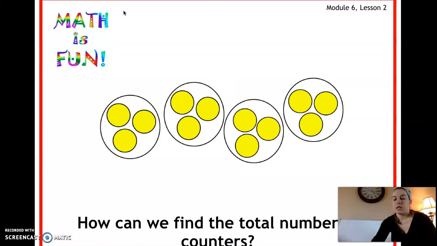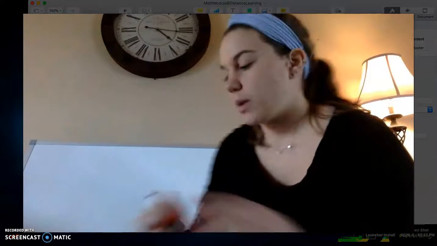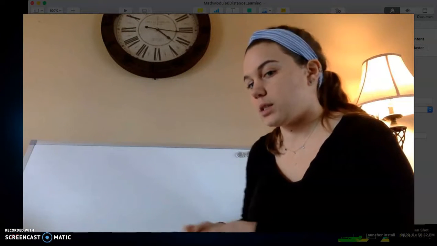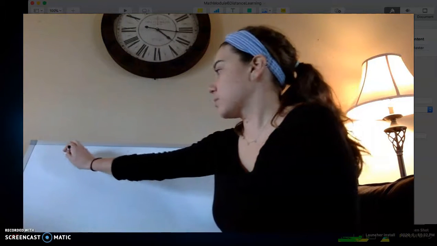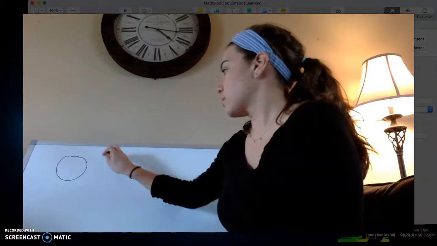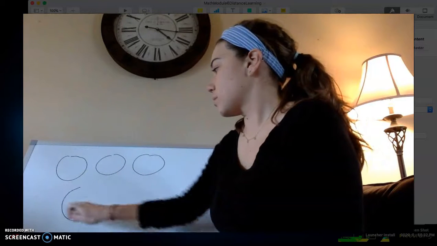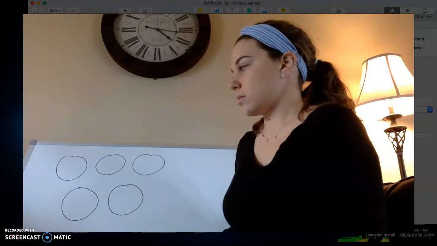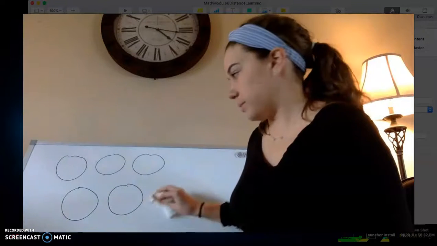I'm going to change my camera so that you can see me all the way. So it first says draw 5 large circles. So I'm going to draw 5 large circles. I'm going to change that actually so you can see something when we move on.